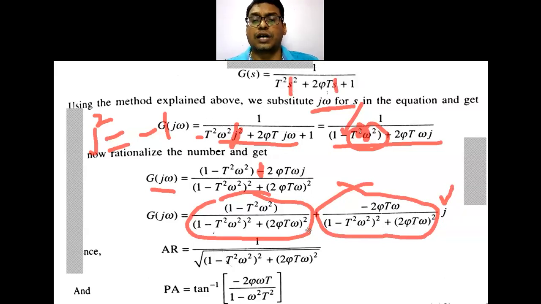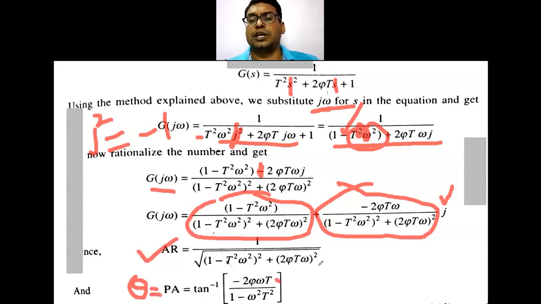After simplification, you will get the amplitude ratio, which is equal to 1 upon under root of (1 minus tau square omega square) whole square plus 2 phi tau omega square. And the phase angle theta comes as tan inverse of imaginary part upon the real part.